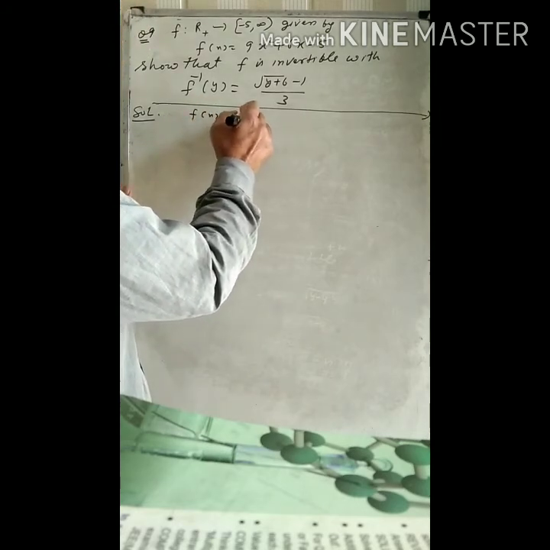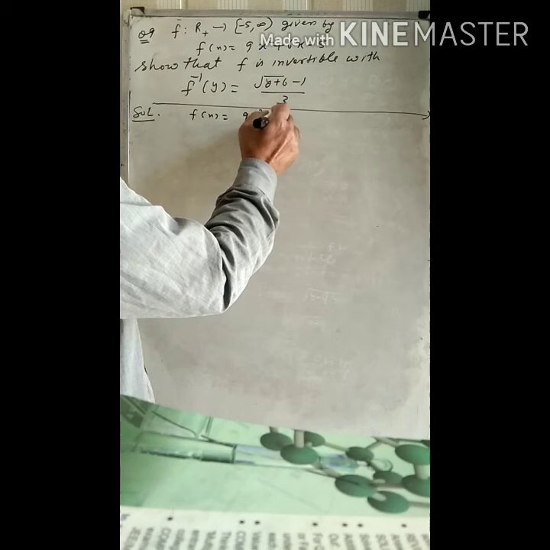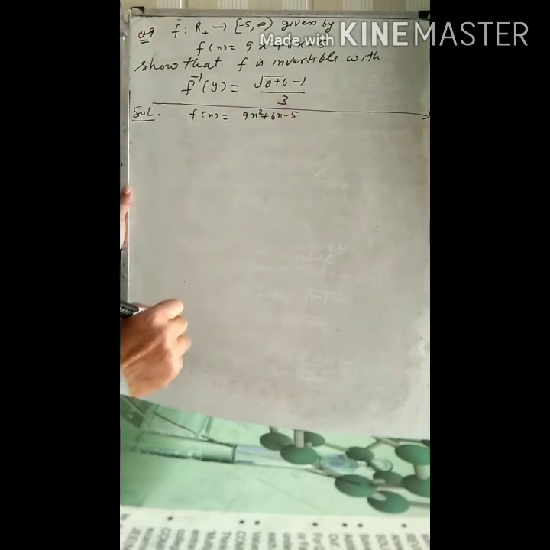f(x) is equal to 9x square plus 6x minus 5.